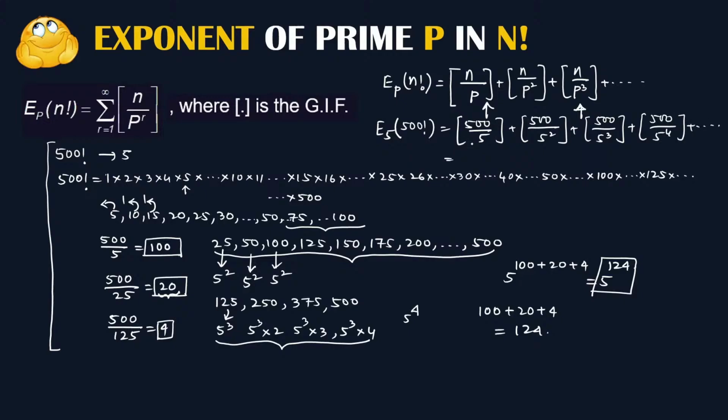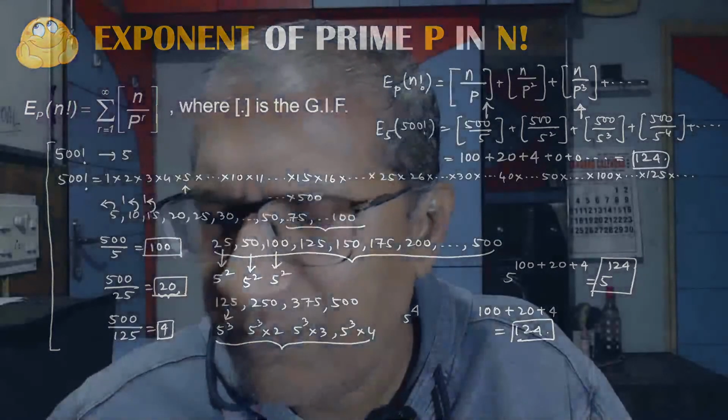From the first one we get 100, from the second 20, and from the third 4. But from the fourth one onwards we get 0. Therefore the exponent of 5 in factorial 500 is 124. That's exactly the answer we got here. Is this clear to everyone?